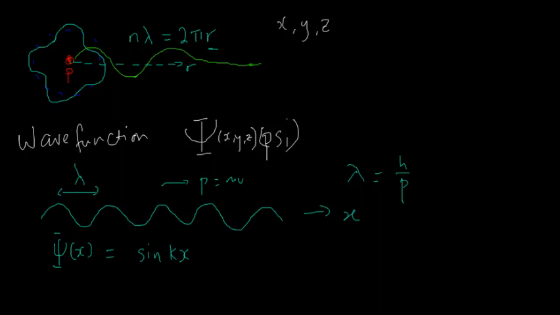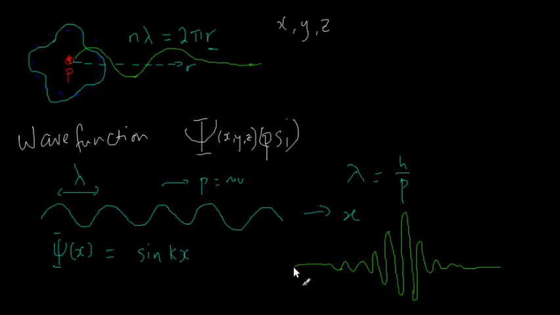And the other example which I used when I talked about the uncertainty relation was what happens if we add up a number of these sine functions with different wavelengths. We've seen not too many videos ago that we would get a wave that looks like this, that has a bigger amplitude near the center and the amplitude gets smaller and smaller as it goes further out.